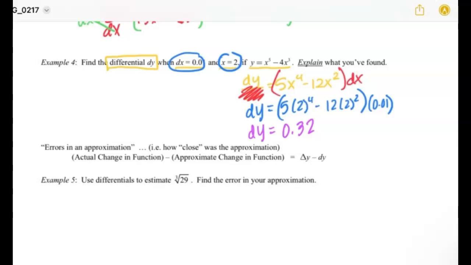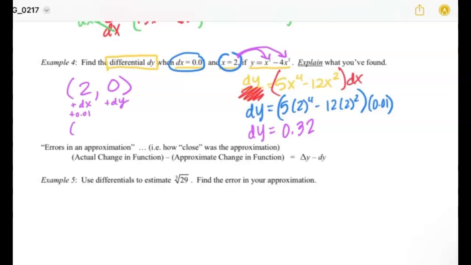What did we actually just do, though? Well, here's actually what happened. It's very similar to the front. This is all about approximating things. We found when x was 2, if you plug x into our original function, you actually get 0.20. What we did was we found a small change in the x and a small change in the y. So our small change in x was 0.01.